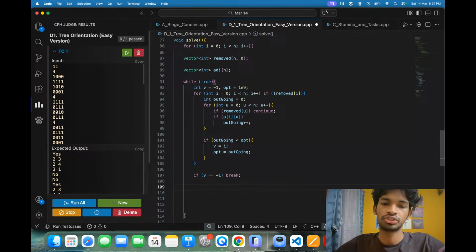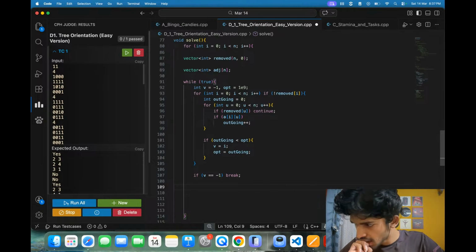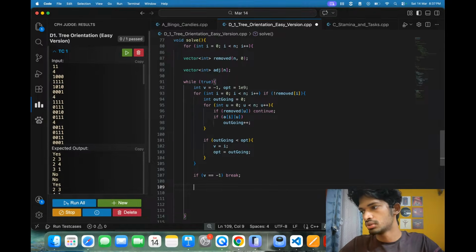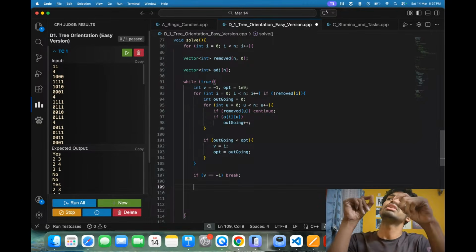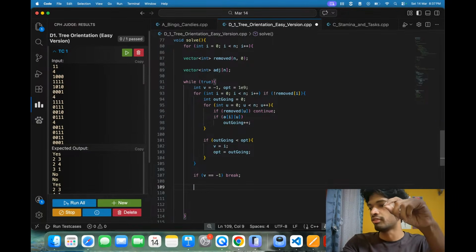Now it's simple. Now what should we do? We have to find the set z. Okay, let's make the set z, and for all the values in z, we will try to find the frequencies of values in z.